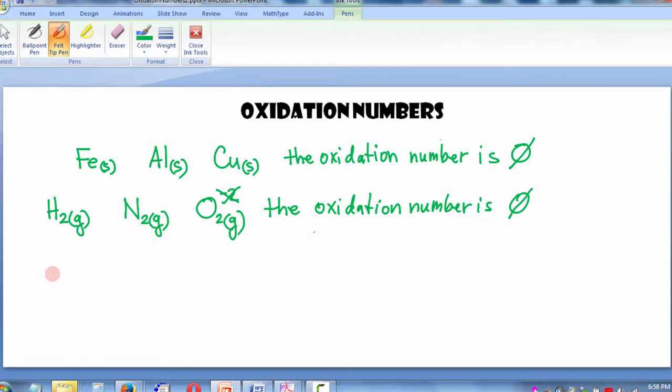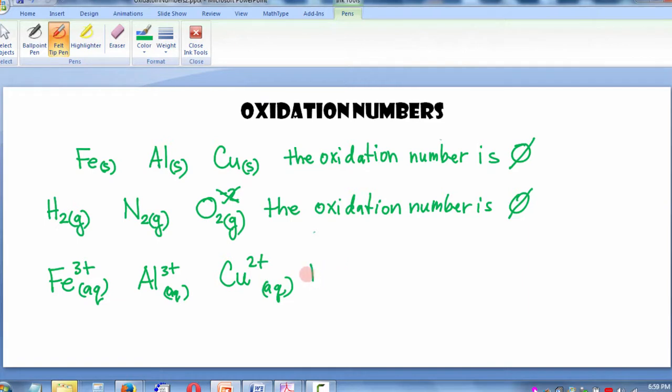Now, what if we had Fe3+? And you could put a state beside that, aqueous, aluminum 3+. What if we had copper 2+?